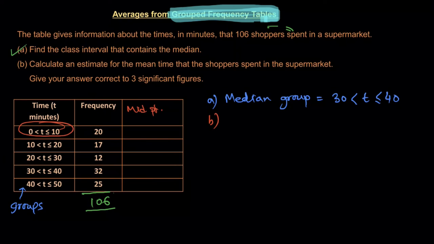So you can see 0 and 10, the midpoint is 5, 15, 25, 35 and 45. Now I have the average value of these groups. Now I can multiply across.